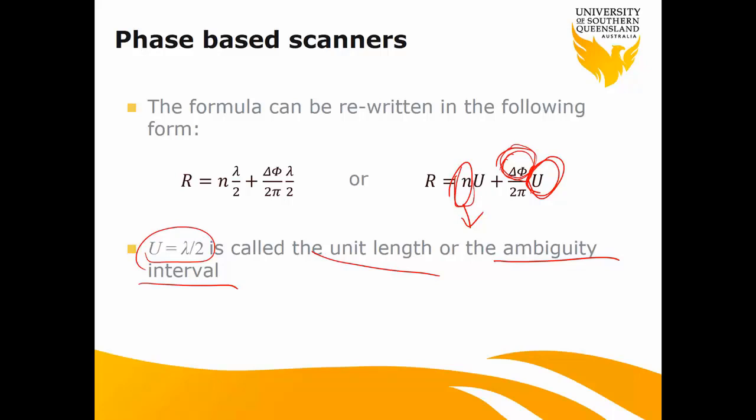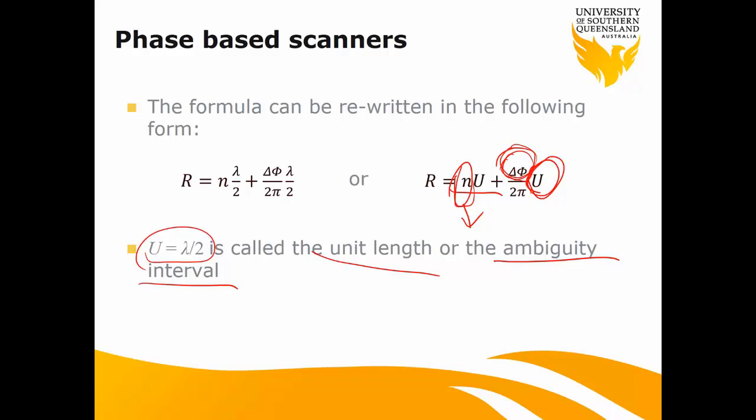This one we call the ambiguity number, which we don't know. It is like using a steel tape to measure distance. We measure 3 or 5 times the whole length of the steel tape, but we forgot how many times we measured. It's 3 or 5. So this is the ambiguity number. It's similar here. We don't know how many whole wavelengths there are from the instrument center to the object. We don't know.